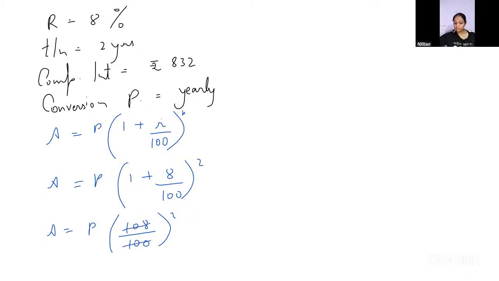2 5s are 10, 2 4s are 8. Then 50 and 54 also. 2 2s are 4, 2 5s are 10, 2 7s are 14, 27 upon 25. So A equals P times 27 upon 25 square.